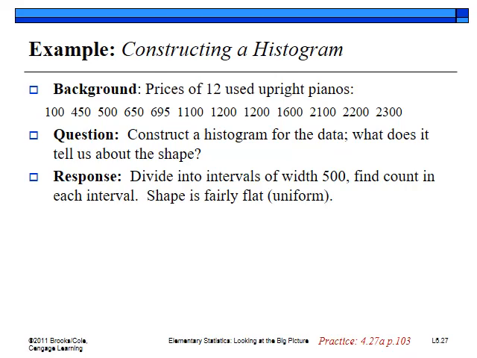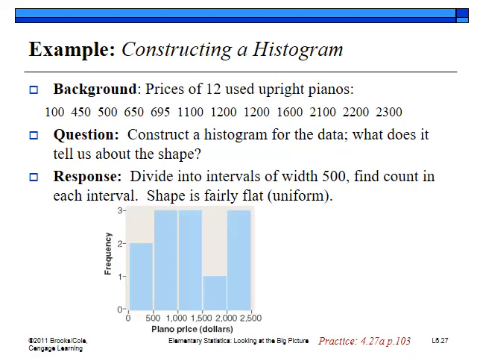So between 0 and 500, we've got a decision to make. Here's the histogram that I've created, and if you look right here, you see that I've indicated there are 2 pianos with price between 0 and 500. If you look at our actual data set, you'll see that maybe it looks like there are 3.